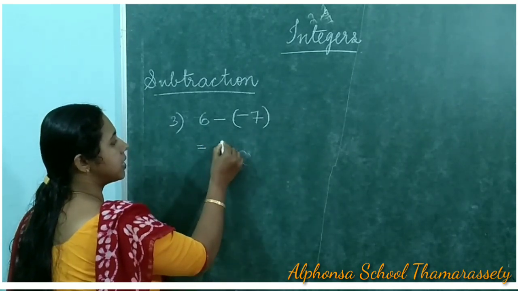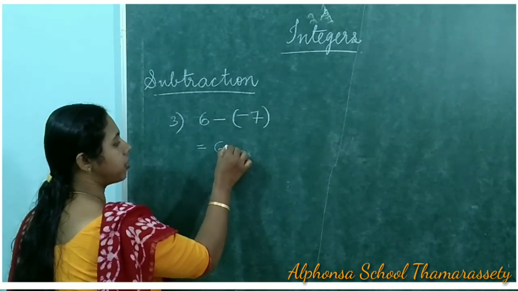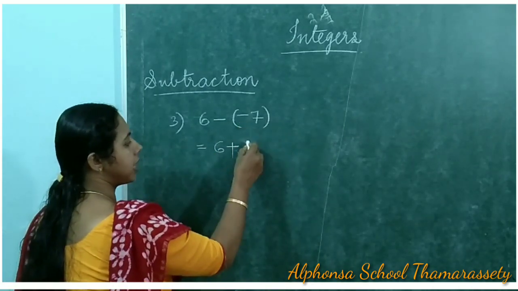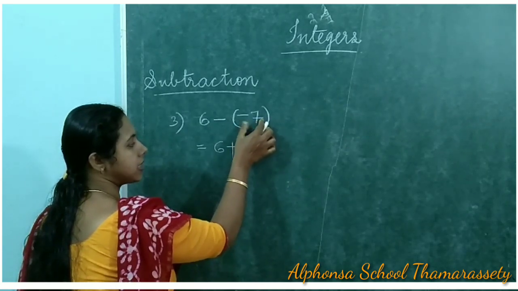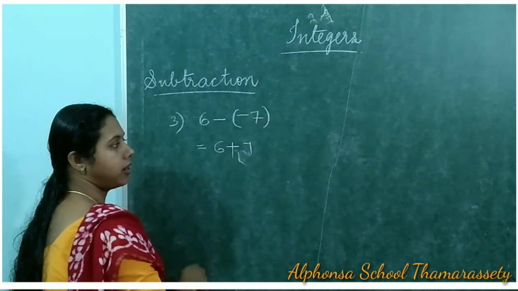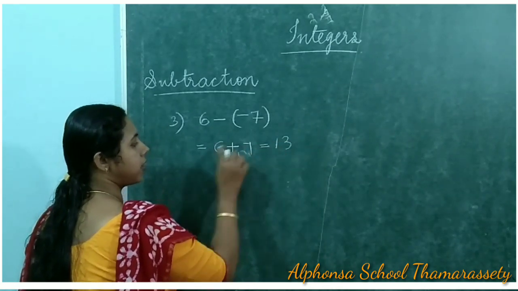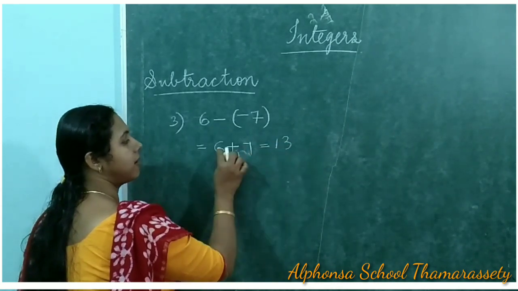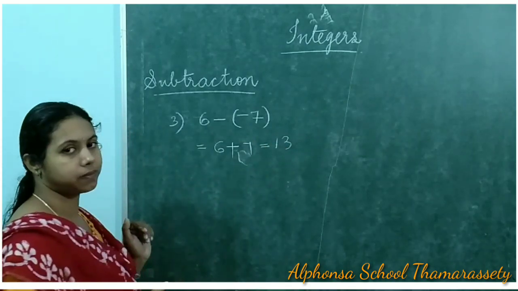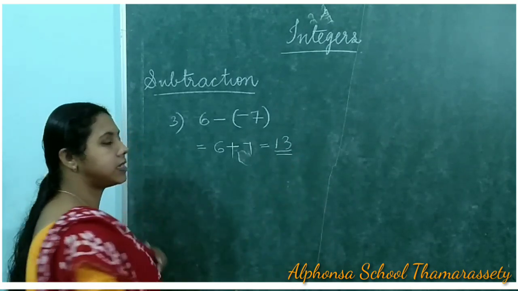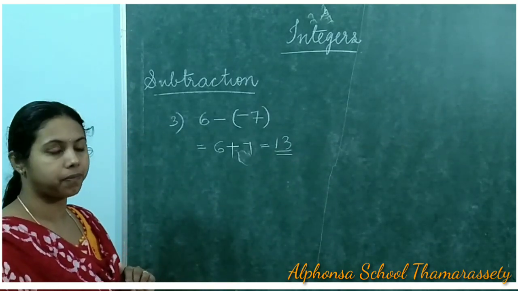So it will be 6 plus the additive inverse of the second number. The additive inverse of minus 7 is positive 7. So 6 plus 7 is equal to 13. Both are positive integers, so just add and keep the sign as it is. So 6 minus minus 7 is equal to positive 13.